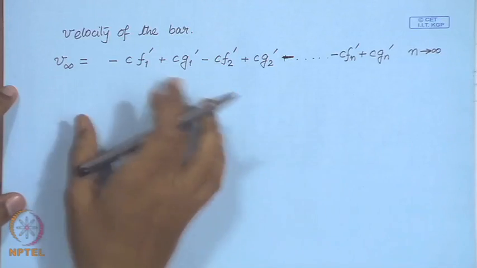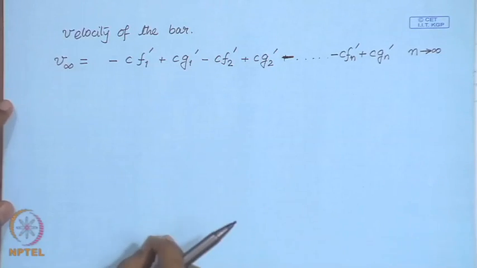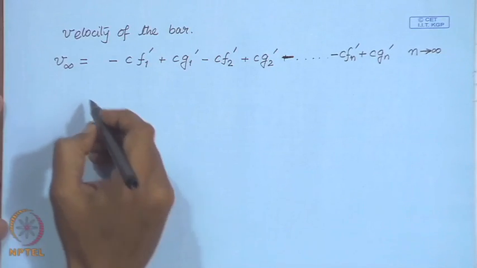So, when n tends to infinity, this series if you sum up, then you will get v infinity.